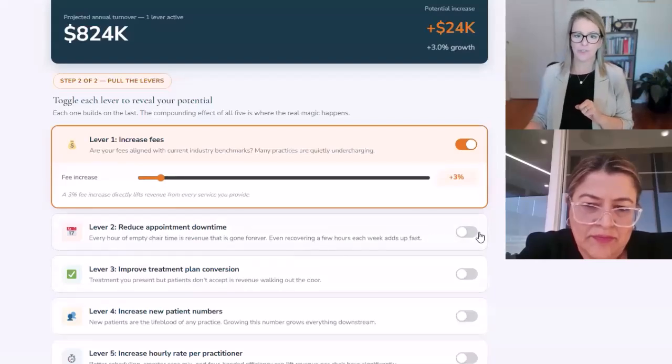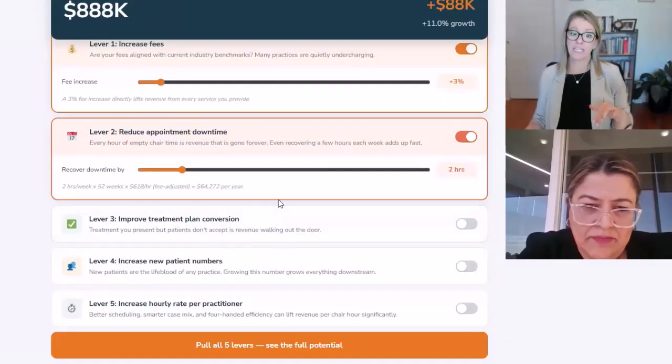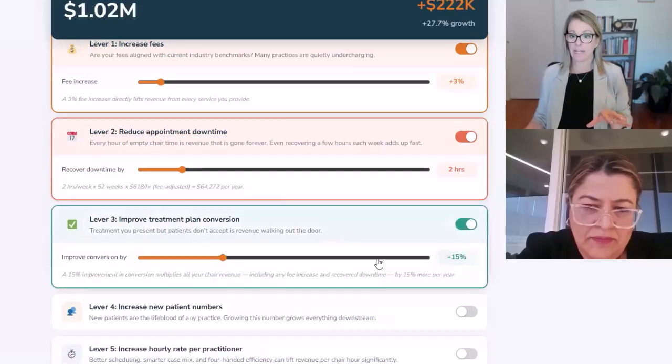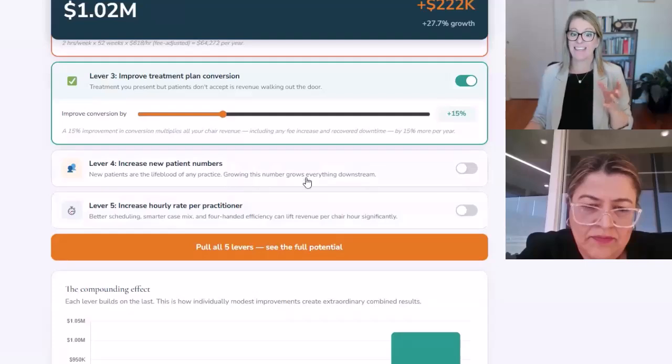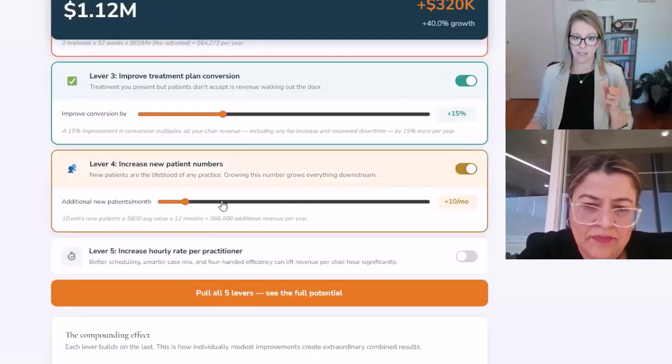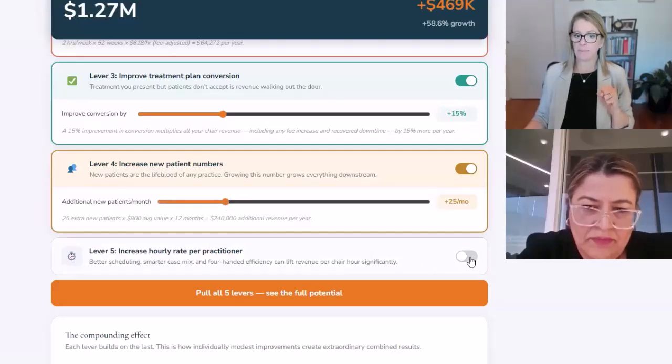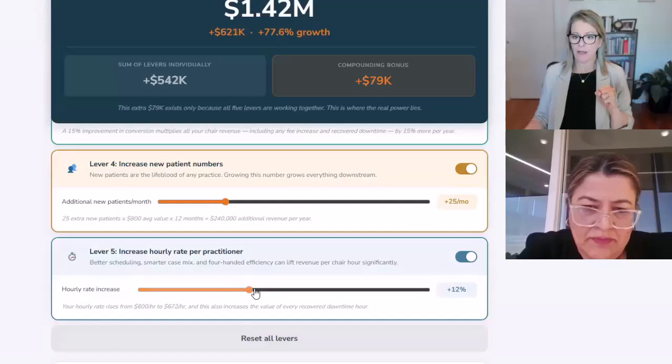And then we're going to reduce the appointment downtime down to 2 hours, improve treatment plan conversion rate, we're going to increase it by 15%, increase new patient numbers, we're going to increase that to 25 per month and increase the hourly rate per practitioner by, let's say, 15%.